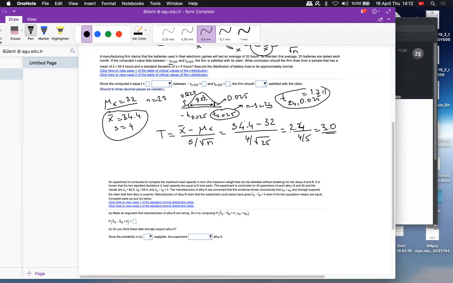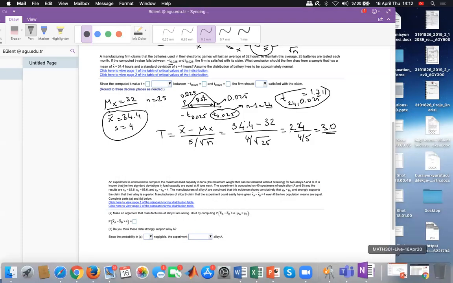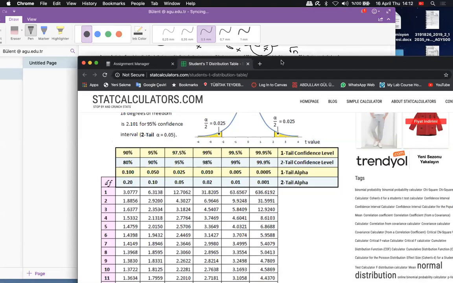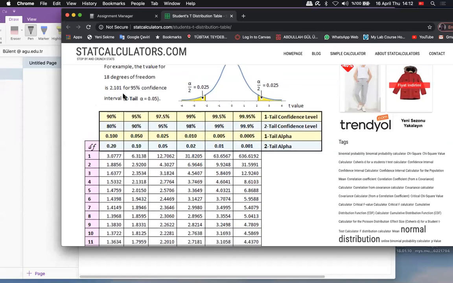I take a look at the t-table. Let me show you the t-table. This is the t-table. What do I do? Here, I will take a look at alpha over 2. So here is 2 tail. Here, I should be looking at this one.